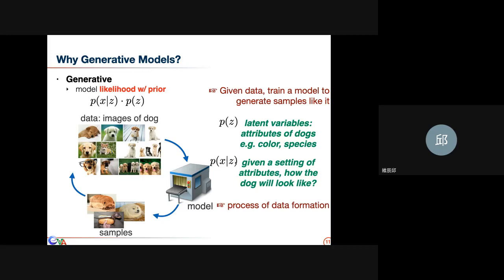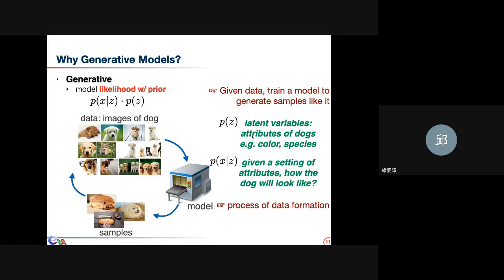Given the Z, and here the Z is related to the attributes of the dog, right? So given a setting of the attributes, for example, if I provide you a certain description, try to imagine a dog that is a Chihuahua. Its color is black, its hair length is pretty short, how fat it is, how tall it is.